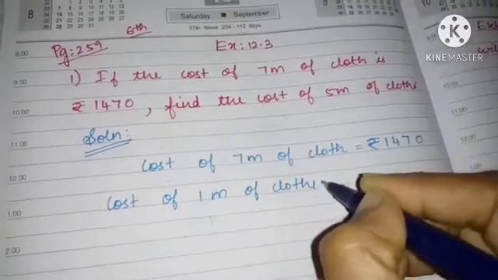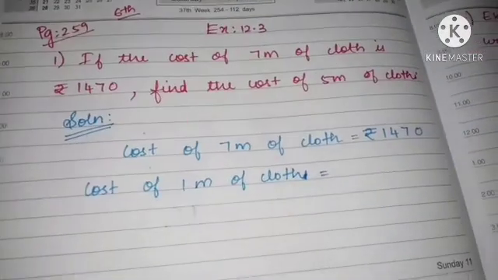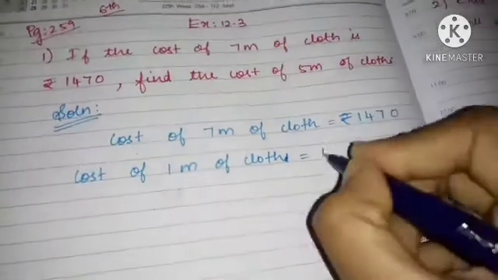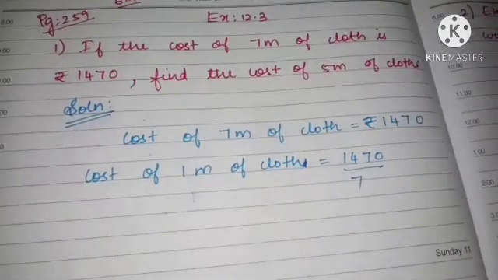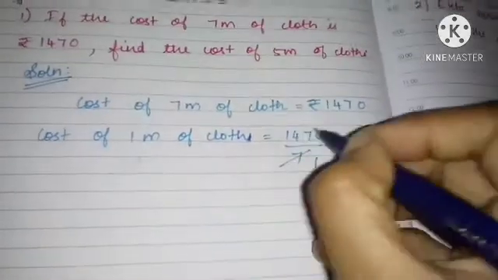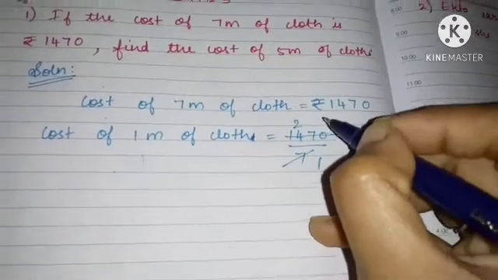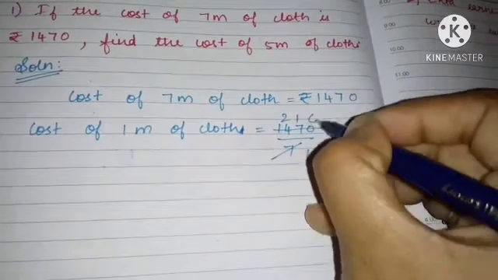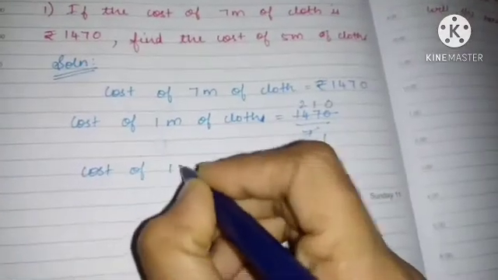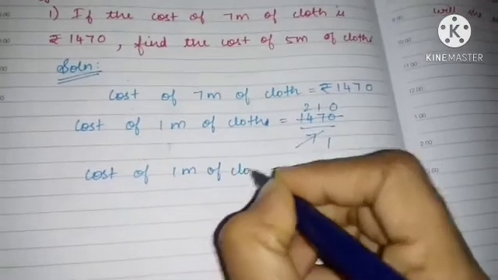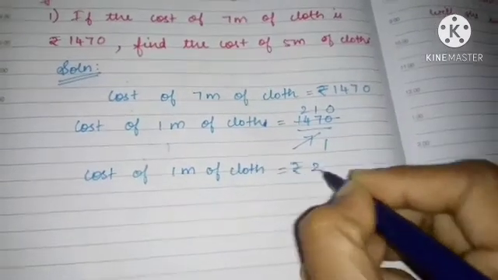Yes, because by unitary method you should find for 1 meter of cloth. So, 1470 divided by 7. Yes, 7 ones are 7, 7 twos are 14, then 7 ones are 7, 0. So cost of 1 meter of cloth is equal to rupees 210.